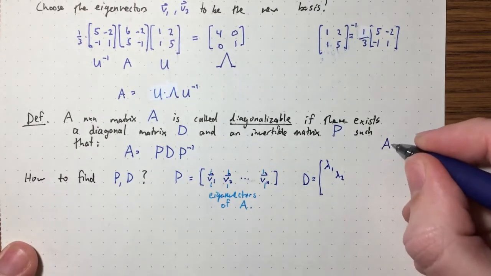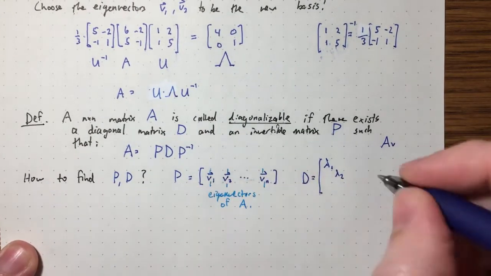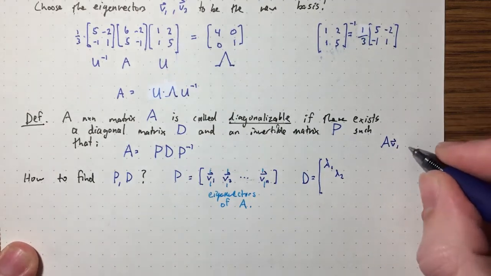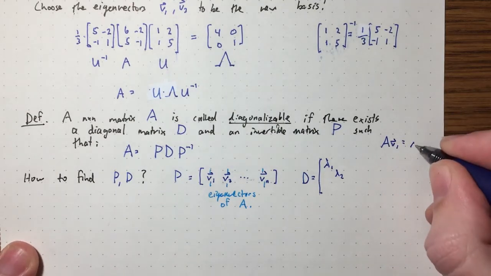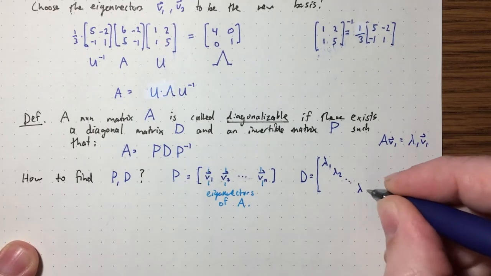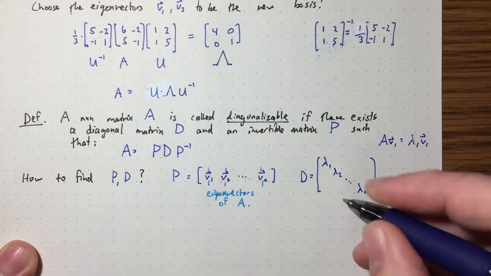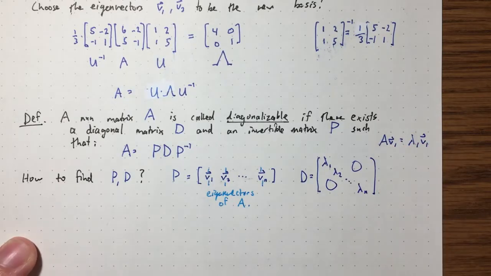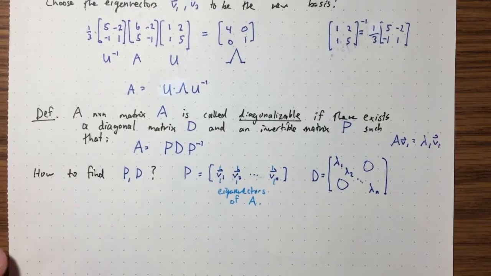That's the eigenvalue associated to v1, so it's a lambda such that A v1 equals lambda 1 v1. Now let's go down the diagonal. I have lambda n down here, and because it's a diagonal matrix, everything else is zeros. So that's all there is to it. That's how you diagonalize a matrix. But that's not quite all there is to it. There are some things that can go wrong.